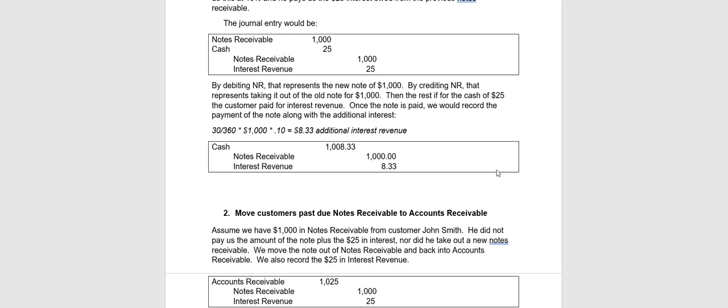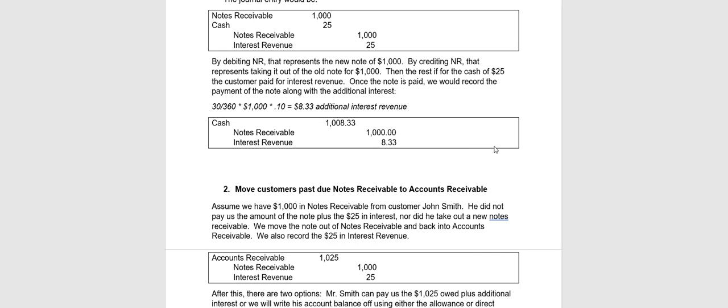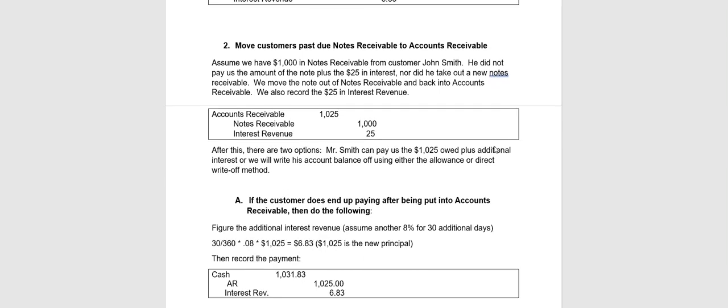So that's what would happen if a customer extends a note. However, what if that customer doesn't pay the notes receivable and doesn't come to us to extend the note? Well, we're probably going to do something to try and collect that more immediately then. So therefore, in a dishonored notes receivable, we want to put it back into accounts receivable, and we will try and collect it from there.